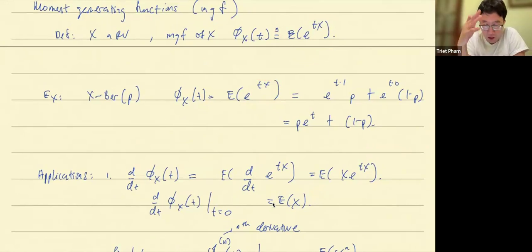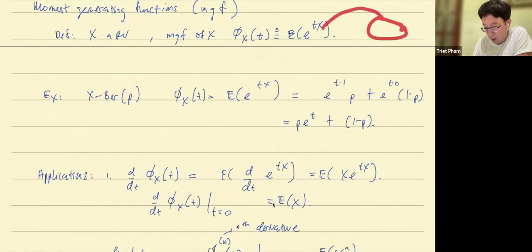If you have taken a course like Math 421, then you would know that if you know the Laplace transform of a function, you can figure out the original function. Well, "figure out" is in quotes, because sometimes there's no formula to figure it out literally. But basically the Laplace transform of a function is unique. So if two functions have the same Laplace transform, they must be the same function.